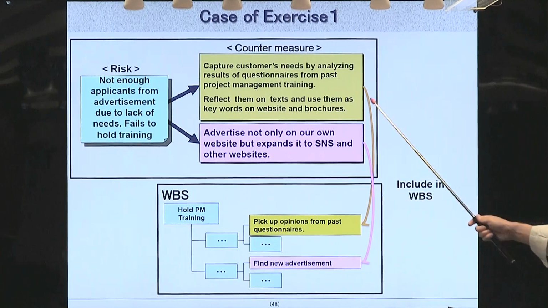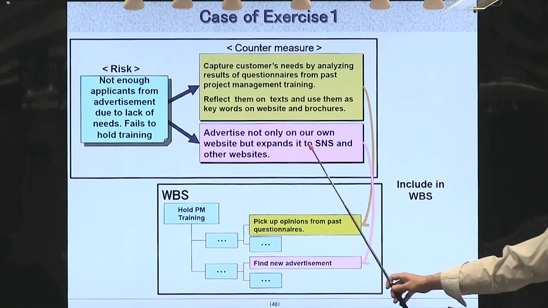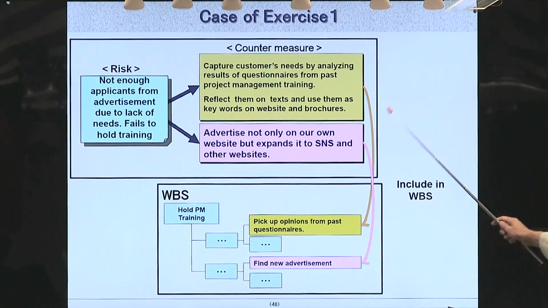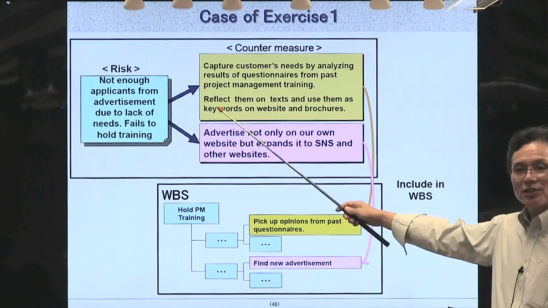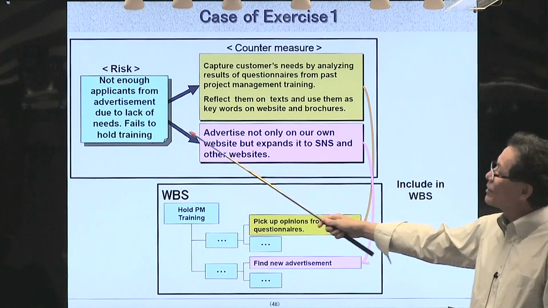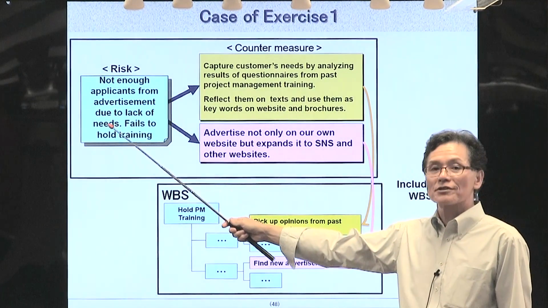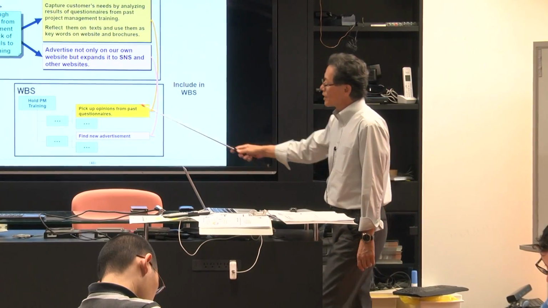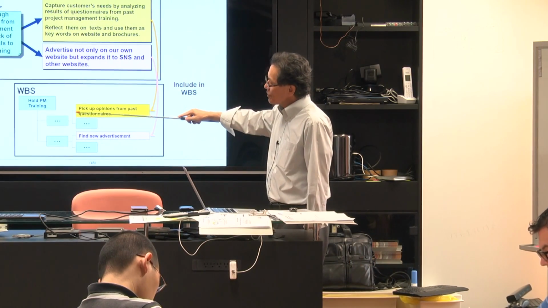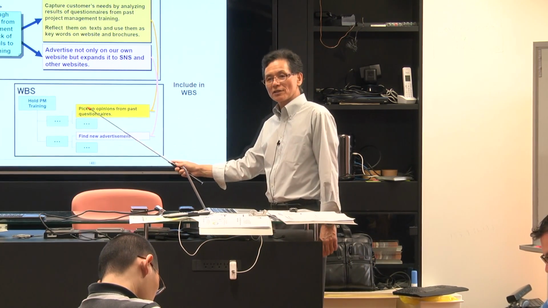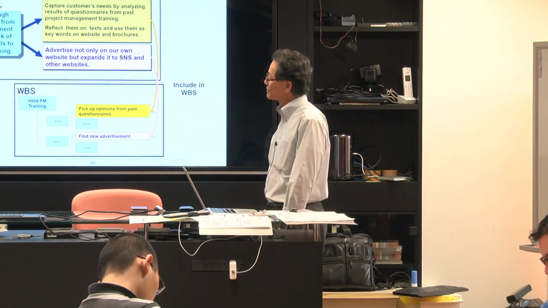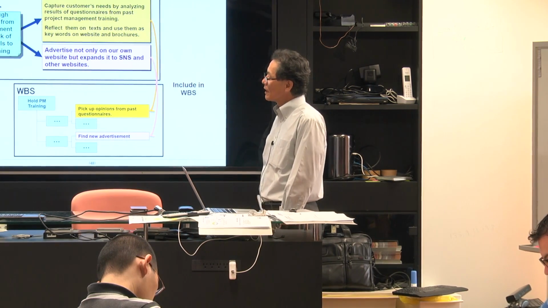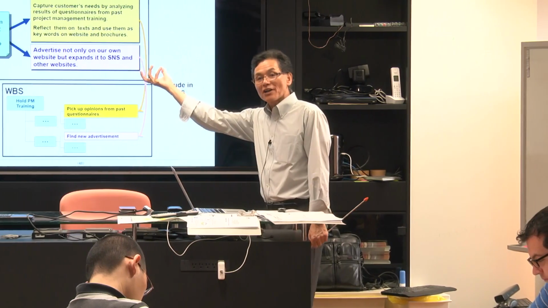Capture customers' needs by analysis, and advertisement, SNS. So these are preventive countermeasures, so that this risk is not actualized. So the important thing is to put these actions into the WBS. Otherwise, nobody takes actions, or the risk will actually happen.